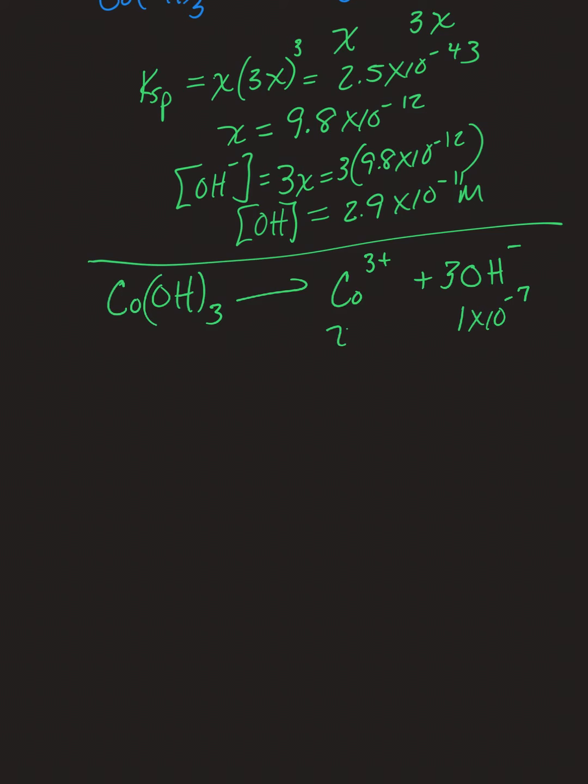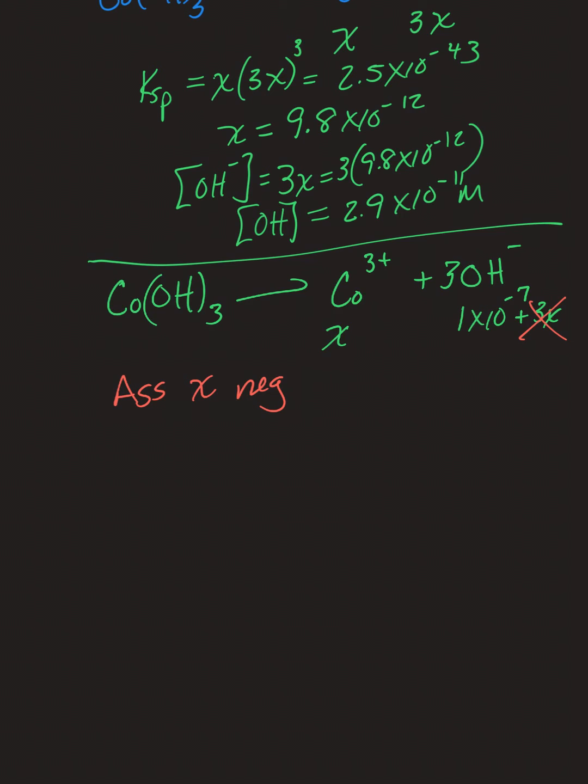So actually it ends up being X and this plus 3X. Trust me, we're using 10 to the negative 43rd. X is going to be negligible, so we don't need to account for that.